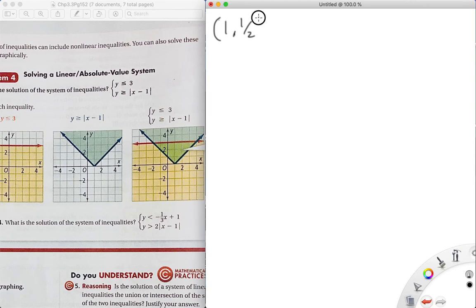To confirm that it's correct, plug in: 1/2 is less than negative 1/3 times 1 plus 1.